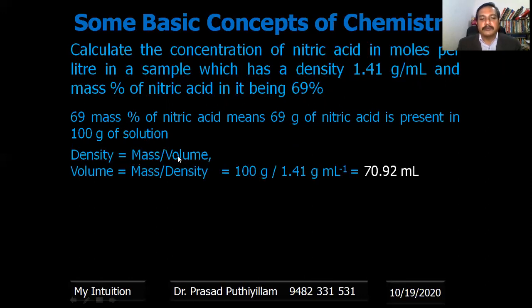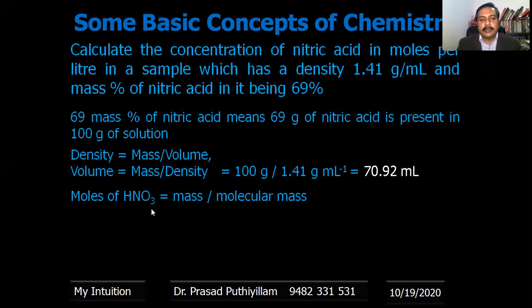Density is equal to mass by volume, therefore volume is equal to mass by density. We took 100 gram because 69% is given, so 100 gram is the total weight of solution, upon its density 1.41. Therefore, mass by density becomes 70.92 milliliter, that is volume.